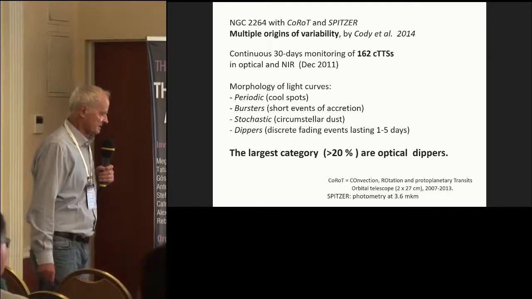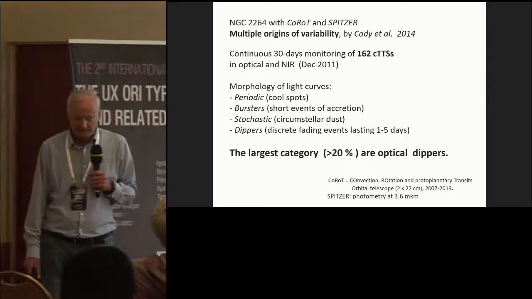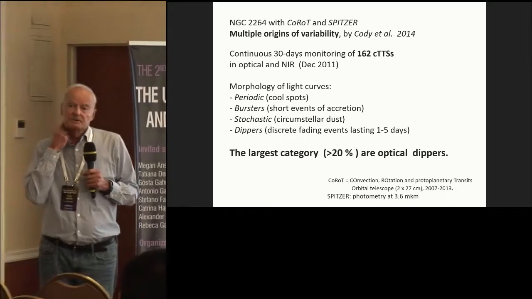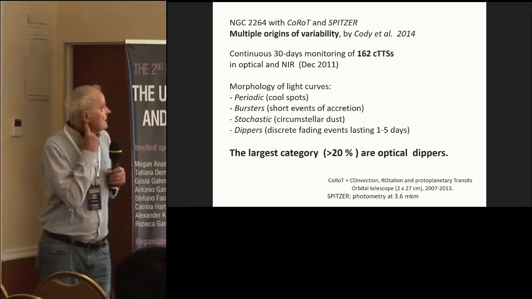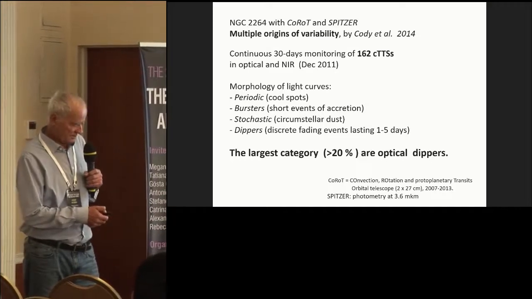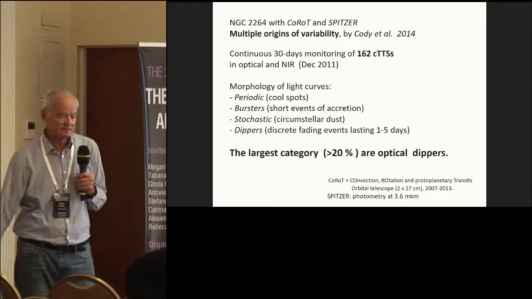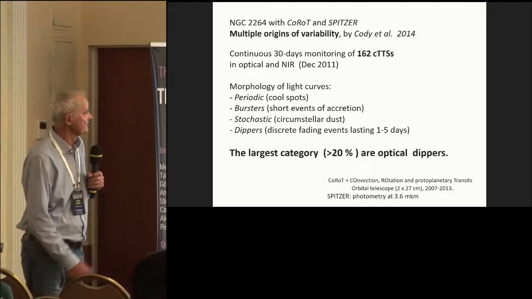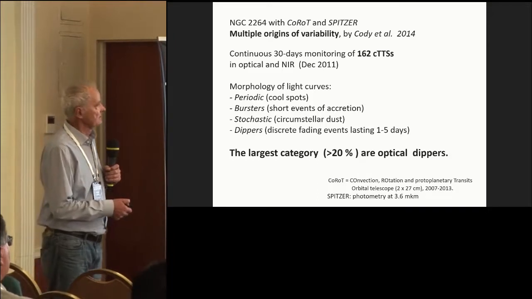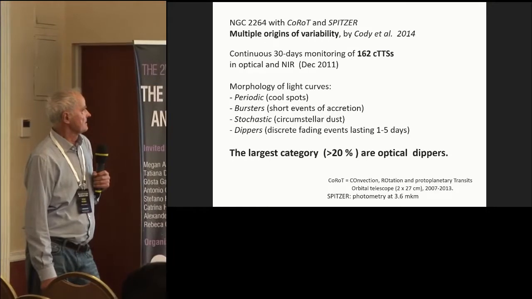The most representative sample of light curves of classical T Tauri stars was collected during coordinated observations with two space missions, CoRoT and Spitzer, CoRoT in visible and Spitzer in infrared. A great number of classical T Tauri stars was observed during one month.